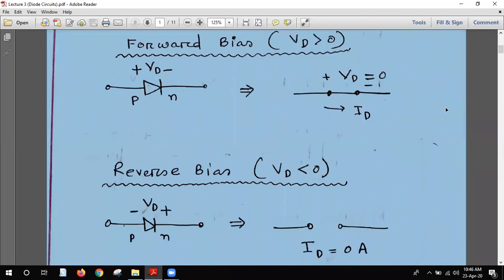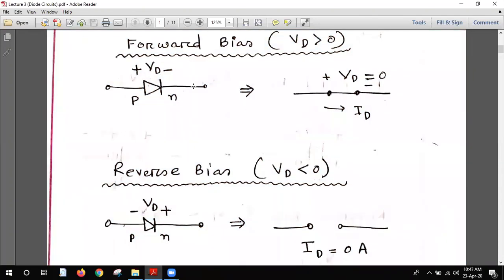Next, in the forward bias, when the voltage applied across the diode is greater than zero, positive voltage means forward bias, negative voltage means reverse bias. In forward bias, the P is connected with the positive terminal and the N is connected with the negative terminal.